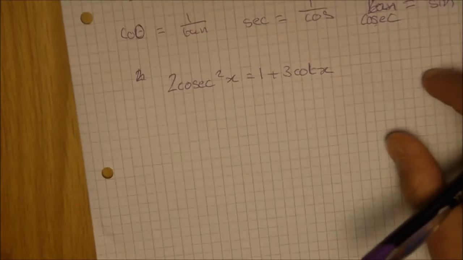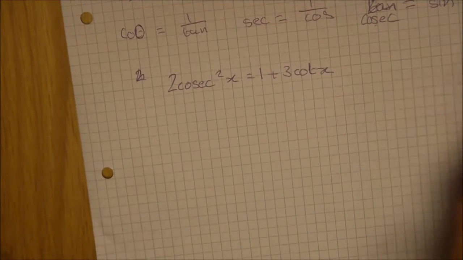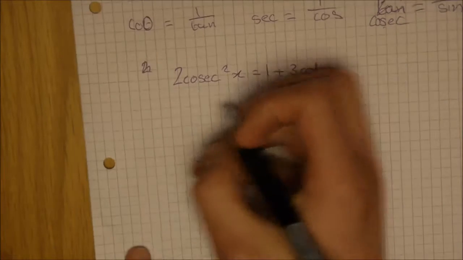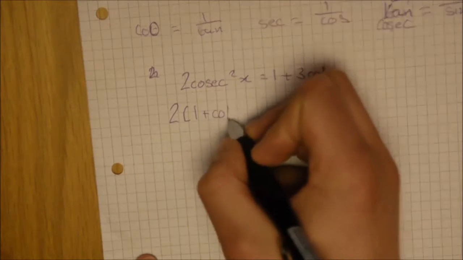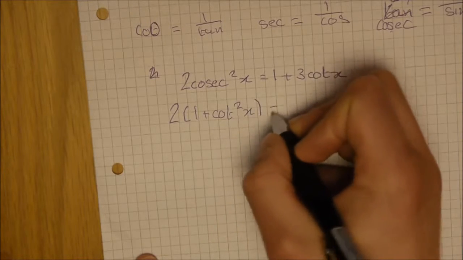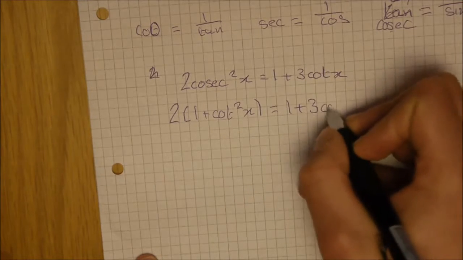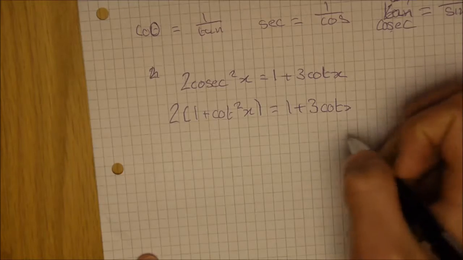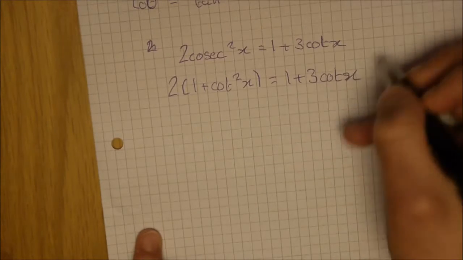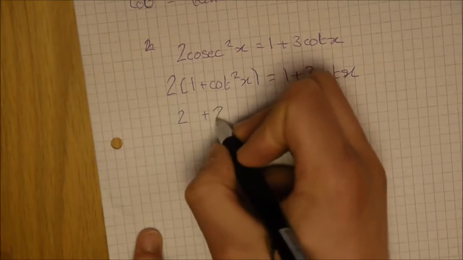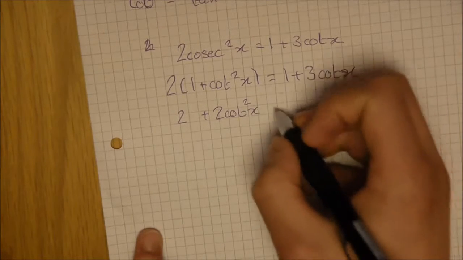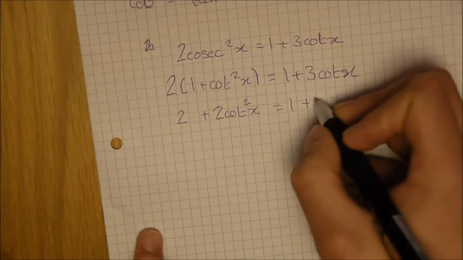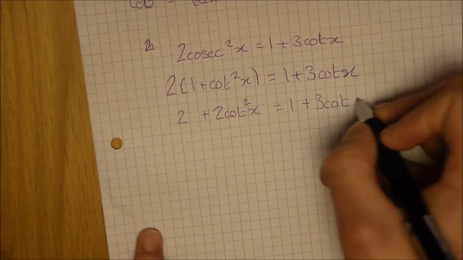Now then, remember that we can write cosec squared as 1 plus cot squared. So we're going to write that as 2 lots of 1 plus cot squared x equals 1 plus 3 cot x. Then we can write that as 2 plus 2 cot squared x equals 1 plus 3 cot x.